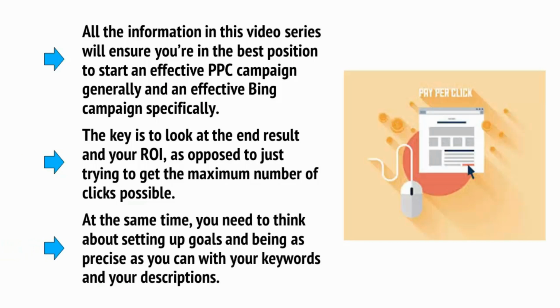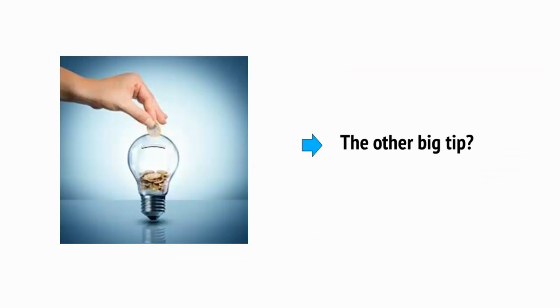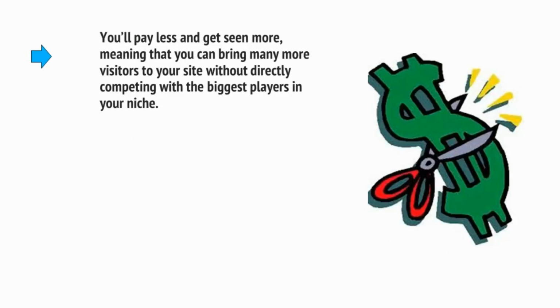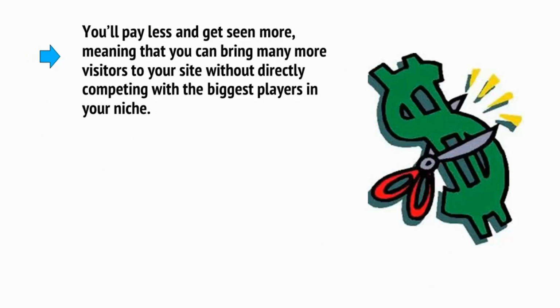At the same time, you need to think about setting up goals and being as precise as you can with your keywords and descriptions. The other big tip: invest in Bing. Bing might not be as big as Google, but that's actually an advantage. You'll pay less and get seen more, meaning that you can bring many more visitors to your site without directly competing with the biggest players in your niche.